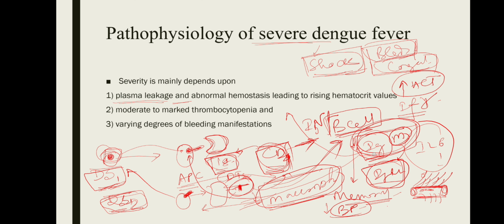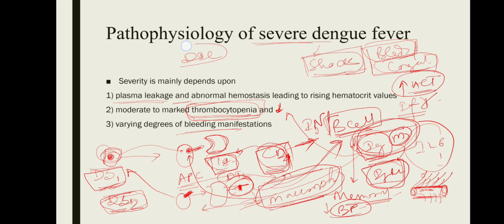So this huge amount of immunoglobulin kills the platelets, and there is thrombocytopenia. So the platelet count decreases, the hematocrit increases, the child is in shock, and there is varying degrees of bleeding because of the thrombocytopenia, and also there is coagulopathy, DIC.